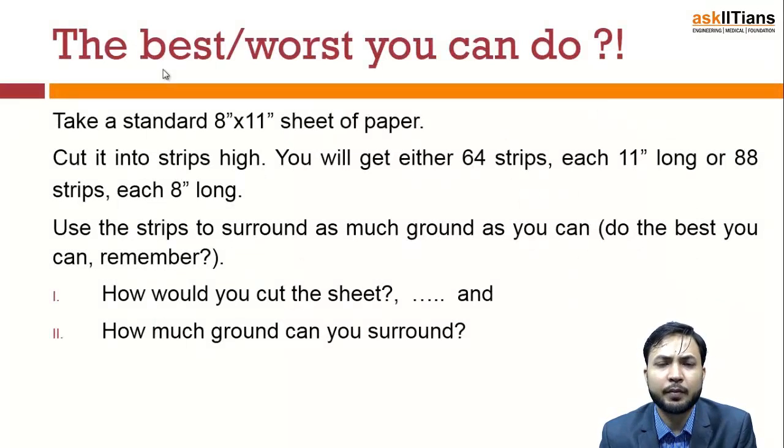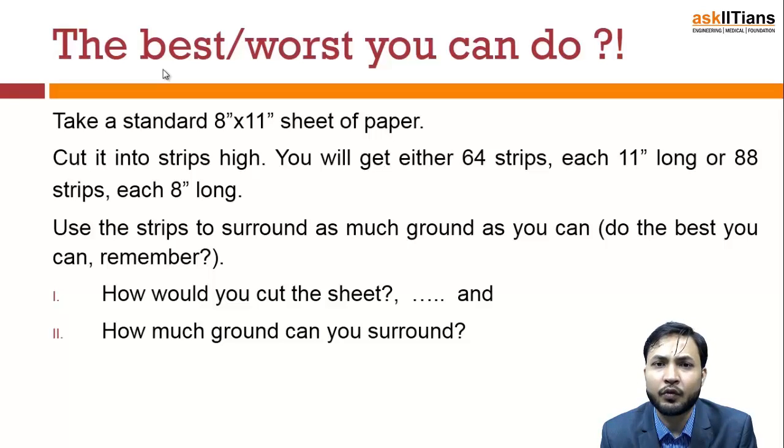Before getting into the technical parts, let's just look at what we have over here. Take a standard sheet of paper, 8 inches by 11 inches. Now cut it into strips, and high means the maximum number of strips that you can get, either vertically or horizontally. In this case, you can have two different kinds of strips.